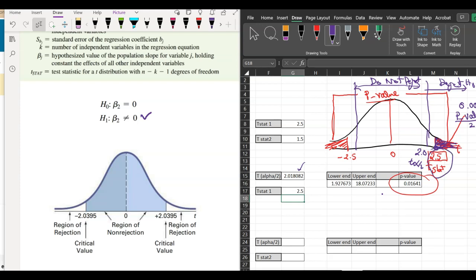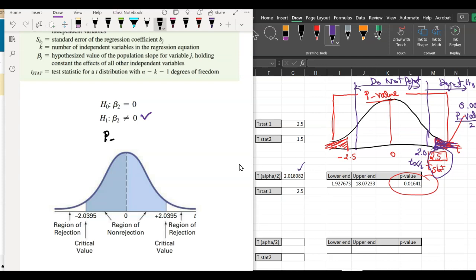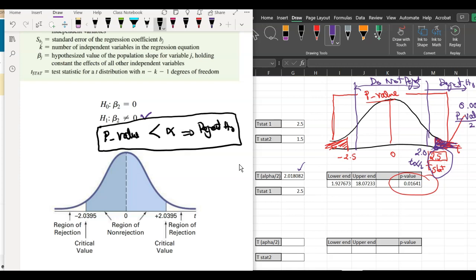So we are rejecting. The other alternative is what we can use: if the p-value is less than the alpha value, then reject H0. And you should use this as a formula as well. Alright, and if you reject, there is sufficient evidence.